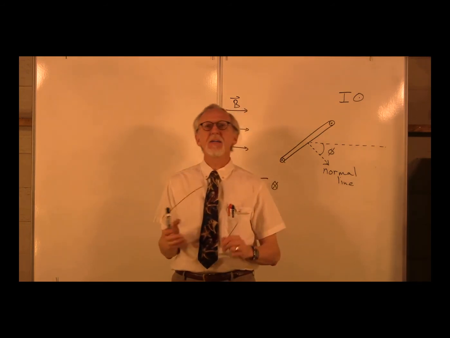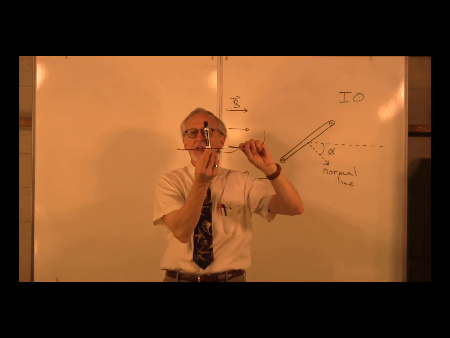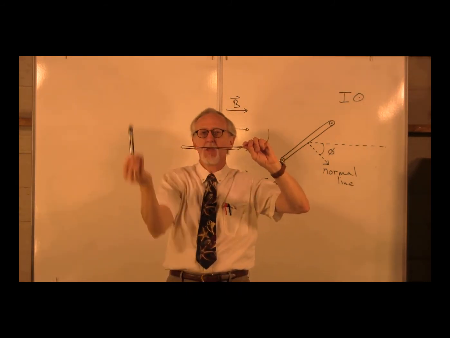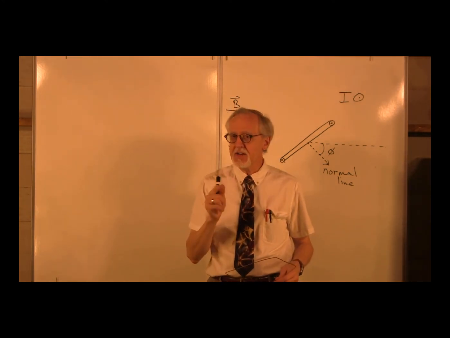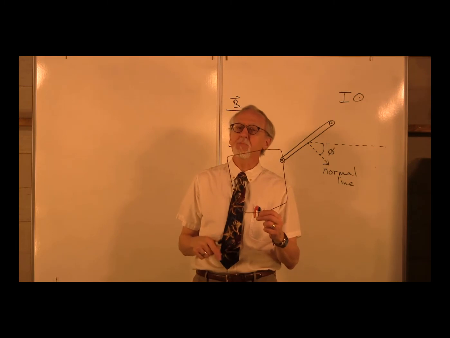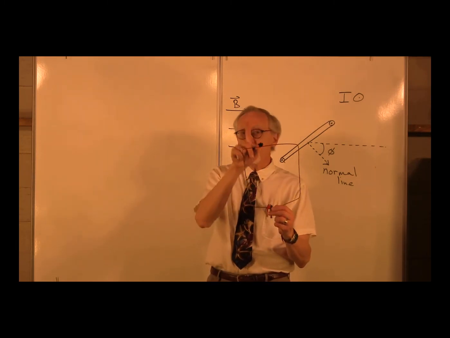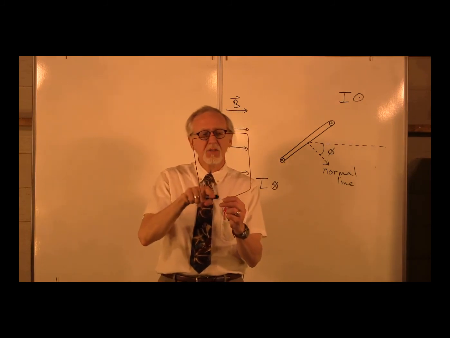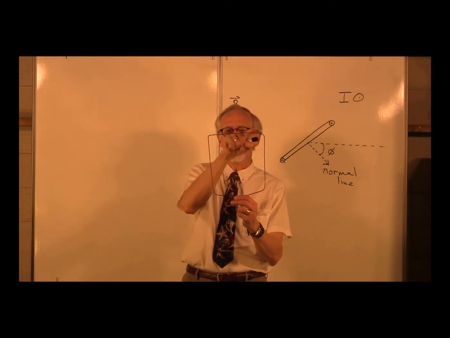Typically, normal lines to loops have a particular direction. We could choose this one or this one. We will use the right-hand rule to define a particular direction that corresponds to the direction of the current. Let's imagine, and this is the direction we already used, that the current is going up this side and then down this side.